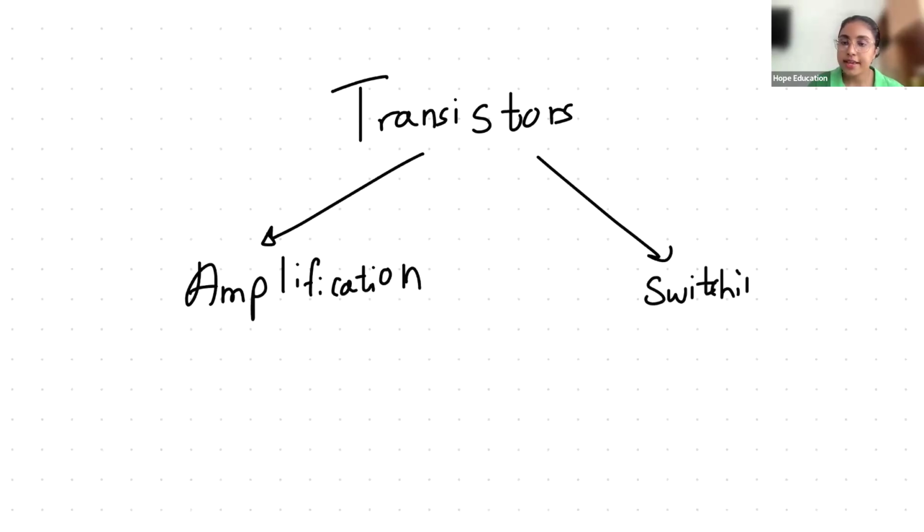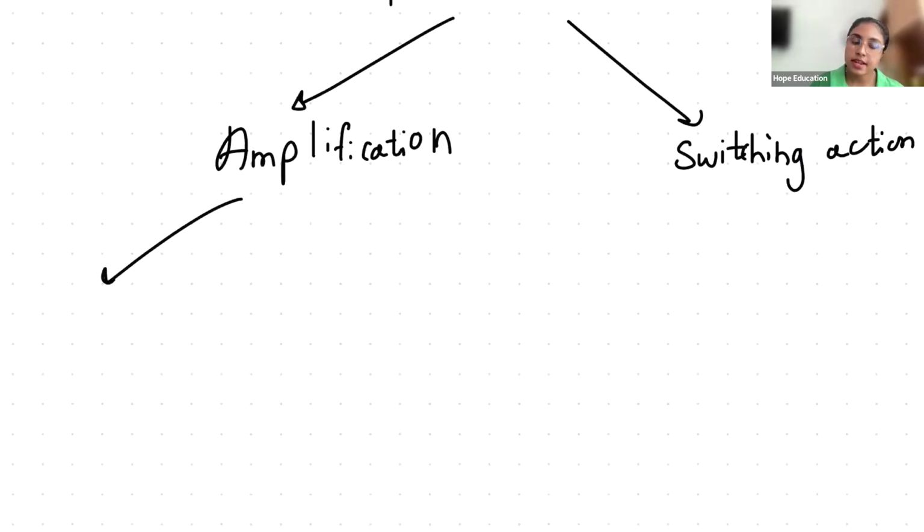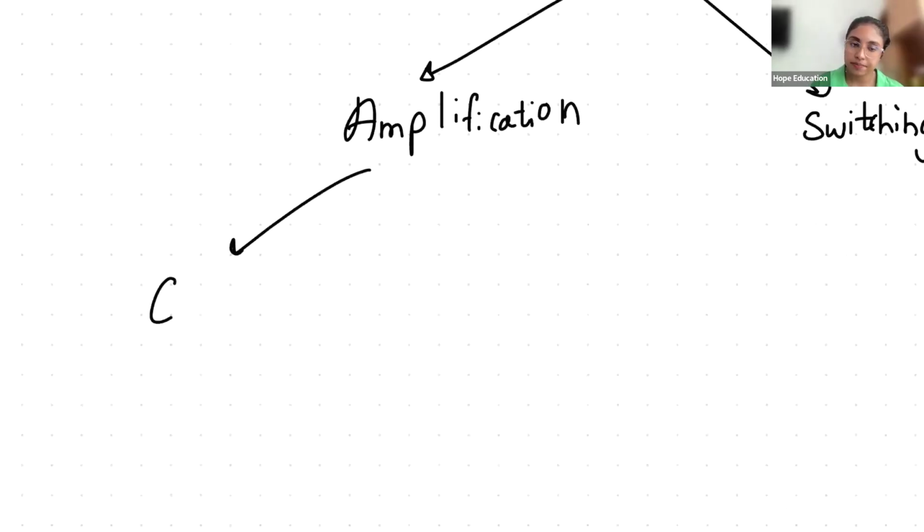So under these, we are going to be talking about this, right? Under amplification we see that transistors can act like a current amplifier. If you give a small current, it produces a large current. Then this can be used as a signal amplifier too.